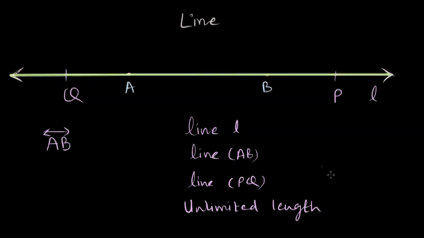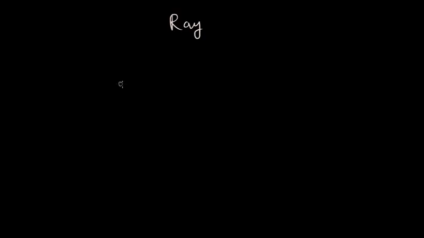Alright, now let's see what is a ray. Now a ray is limited from one side but extends like a line on the other side. And we call this the vertex, say P, we can call it anything, and then we plot another point on the ray and we say it's ray PQ. Again, a ray also has unlimited length because it keeps on extending in one direction.